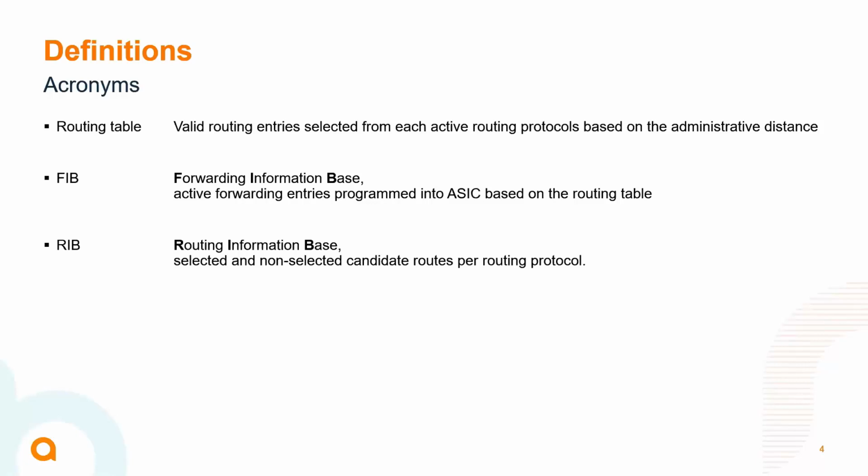This is really important to understand the difference between RIB and FIB. The routing table is software, FIB is in hardware, and RIB is a superset of the routing table. It's equal to the routing table plus the non-selected candidate routes per routing protocol.